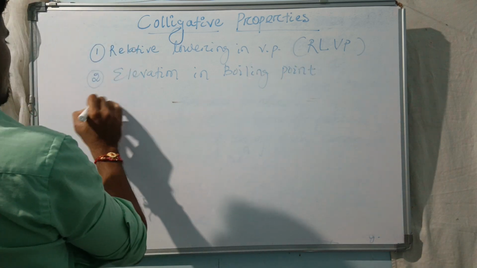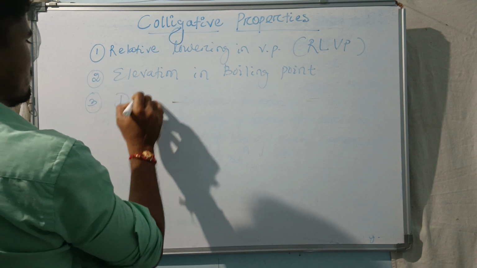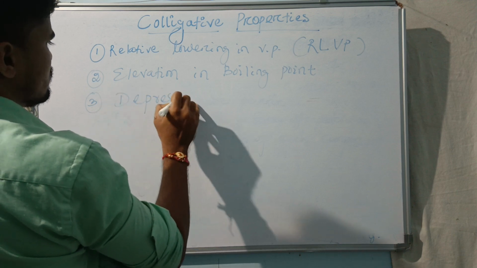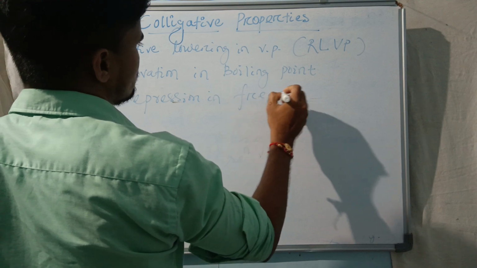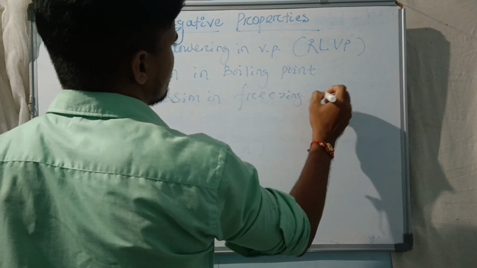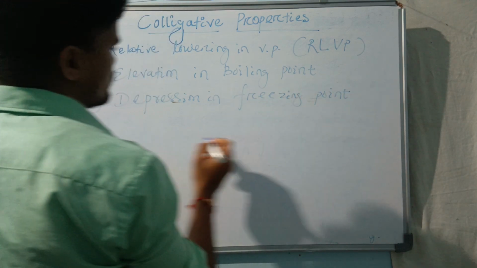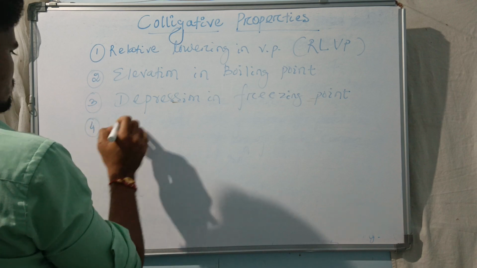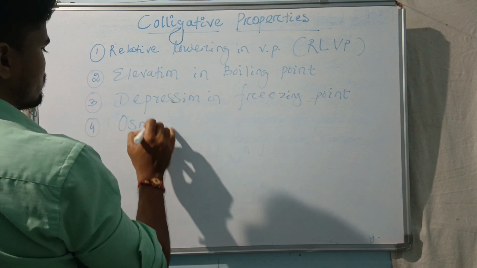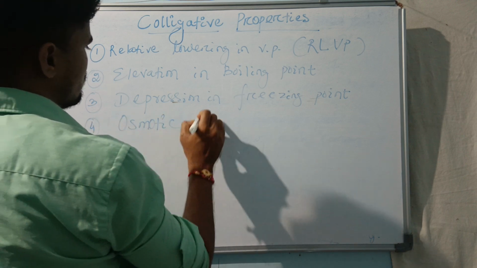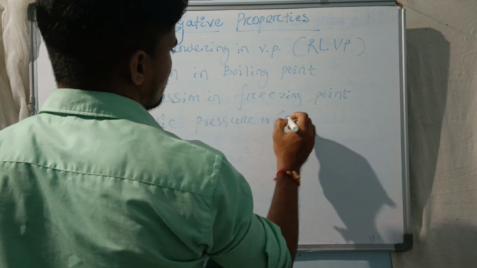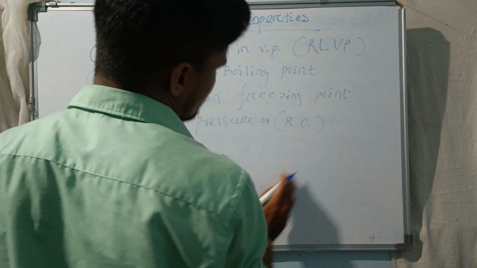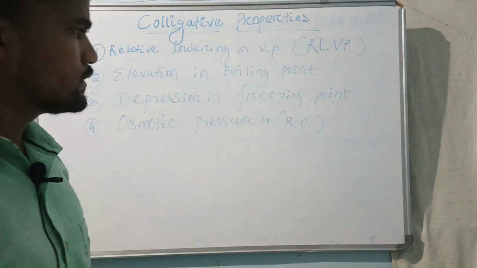Third one, depression in freezing point. Fourth, osmotic pressure, or this is also called reverse osmosis. Those are used in Aquaguard, right?